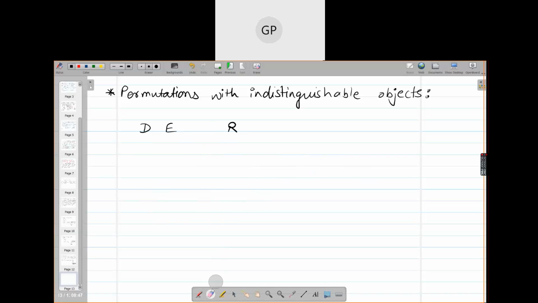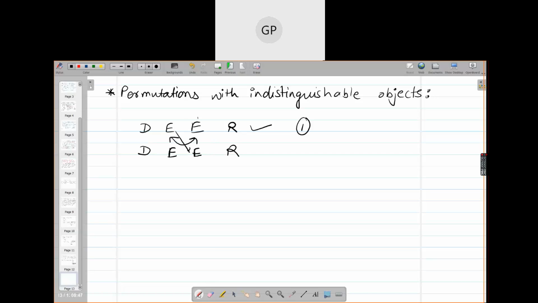But if I change this, what will happen? If I write DEER, then how many ways are there to arrange the letters in this? You can have this, right? This is one arrangement. Now I will write this D here and this R here only, but I will interchange these E's. I am writing this E here first and this E here.